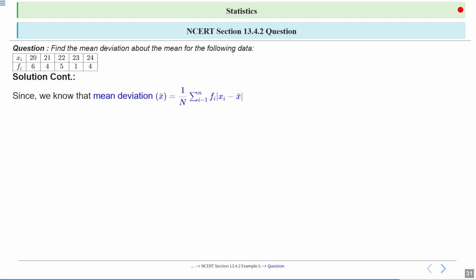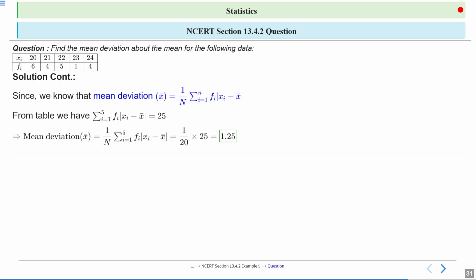Since we know that mean deviation is equal to 1 by n summation i equal to 1 to n f_i times mod of x_i minus x bar, from table we have summation i equal to 1 to 5 f_i times mod of x_i minus x bar is 25. So it implies mean deviation is equal to 1 by n summation i equal to 1 to 5 f_i times mod of x_i minus x bar. This is equal to 1 by 20 times 25, and this is equal to 1.25.